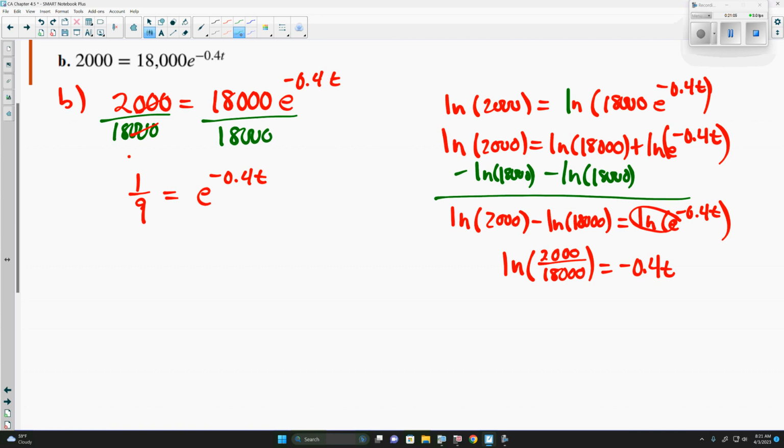Now at this point here, just like the other side, we can apply ln to both sides. And what that'll tell us is that we have ln of 1/9 is equal to, well, ln of e is 1, really just leaving us with our negative 0.4t.